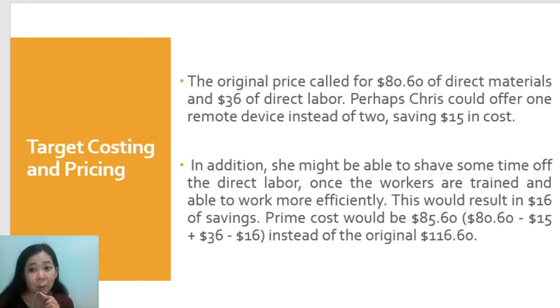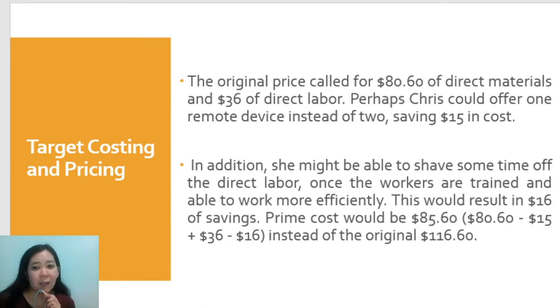So the prime cost, that is our direct materials and direct labor: the direct materials will be deducted by $15 because they could offer one remote device instead of two, meaning they will use a lesser amount of direct materials. And if they are able to shave some time off the direct labor, they can also save up to $16.